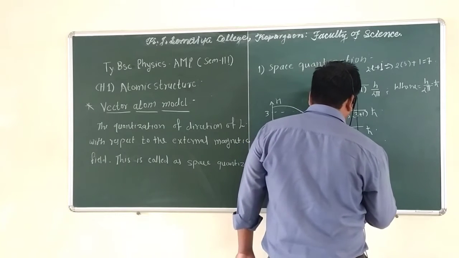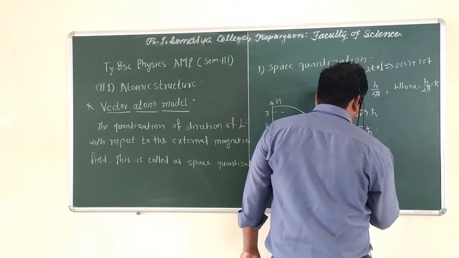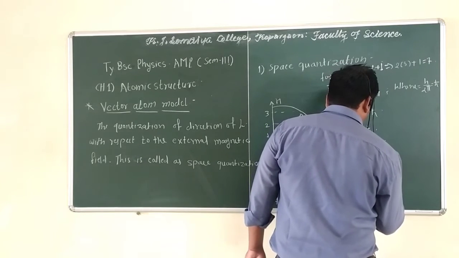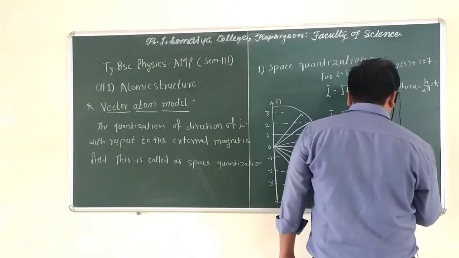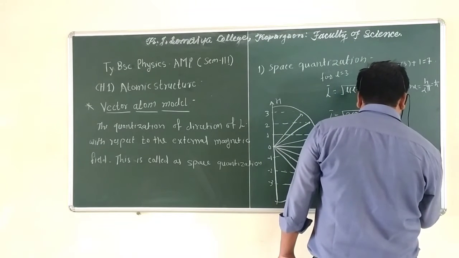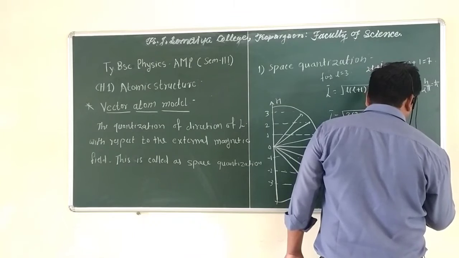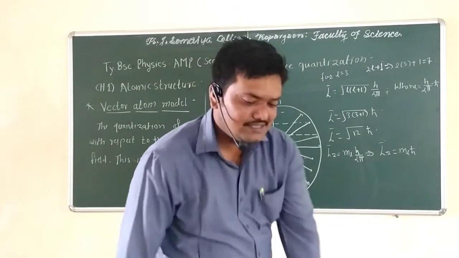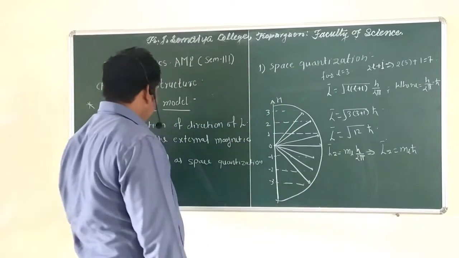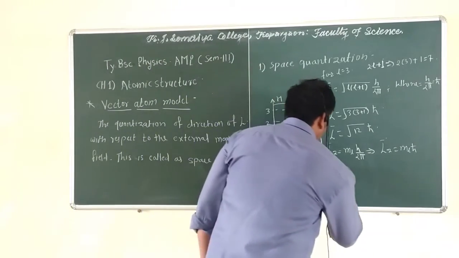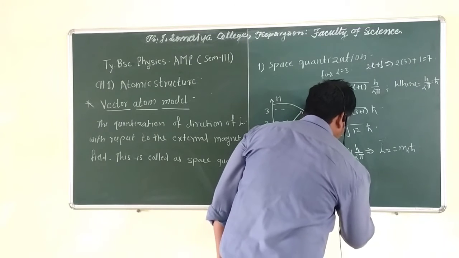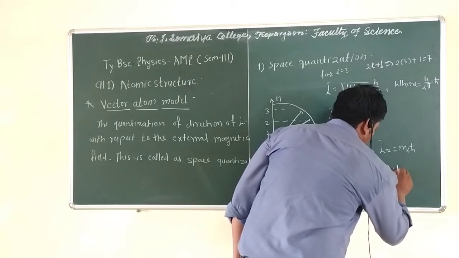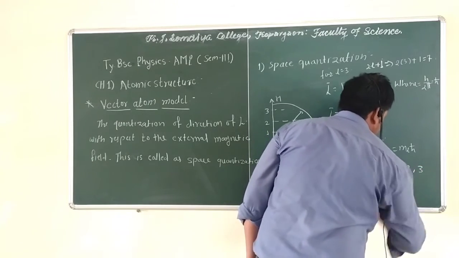It depends upon ml into h upon 2 pi, so that is given by Lz is equal to ml h cross. We have considered L is equal to 3, so there are a total of 7 different ml values: -3, -2, -1, 0, 1, 2, up to 3.